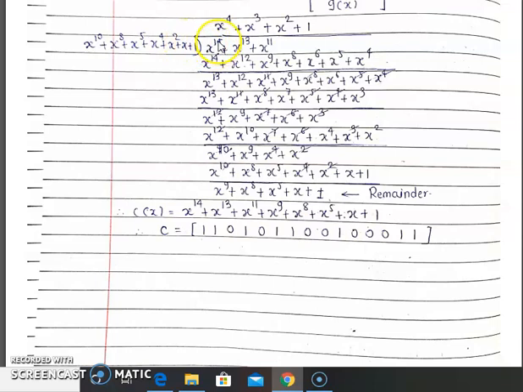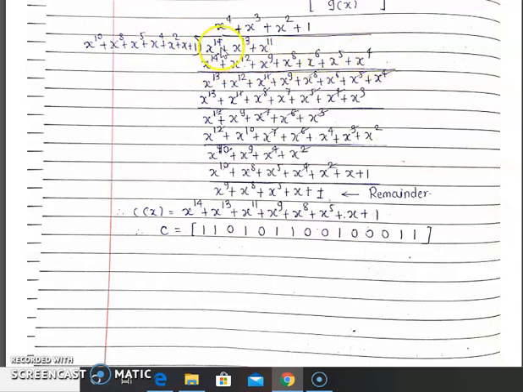So we have x raised to 14 and here x raised to 10. For this division we want x raised to 14, so multiply x raised to 10 by x raised to 4 to get x raised to 14. So first put x raised to 4 here, multiply x raised to 4 with the whole g of x and write down the terms here.